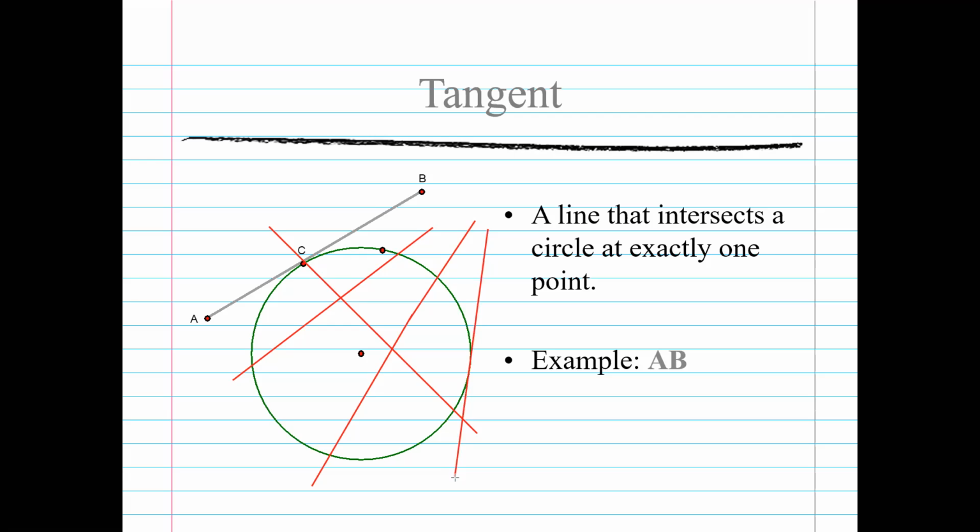So for intersecting at 1 point, it should just touch the circumference of the circle and pass away. This line intersects the circle at only 1 point, and this is that point. Same is the case with this line. So a line that intersects the circle at exactly 1 point is known as a tangent.